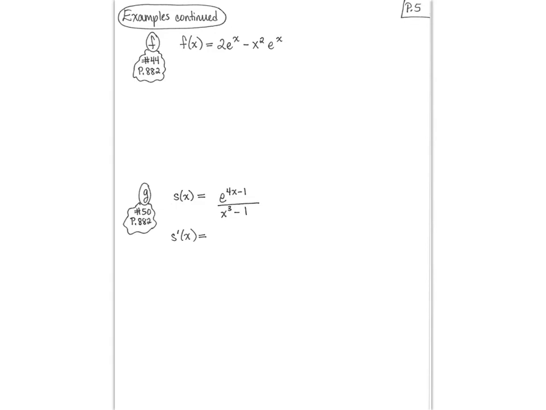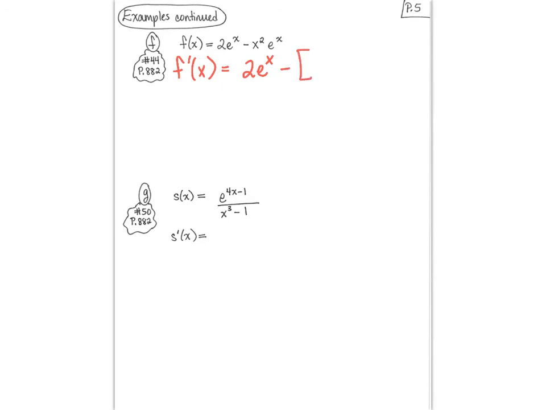So now you've had some time to work on the examples. Now let's work through it and check it. We want to find the derivative. So f prime of x is equal to 2e to the x, because the derivative of e to the x is e to the x, minus, we're going to put brackets here because remember, we have to use the product rule.